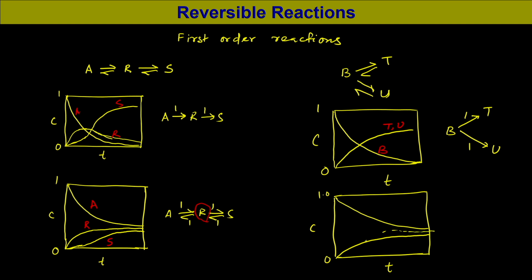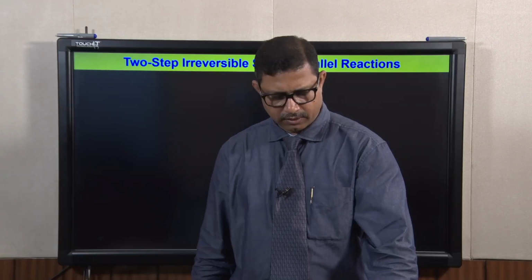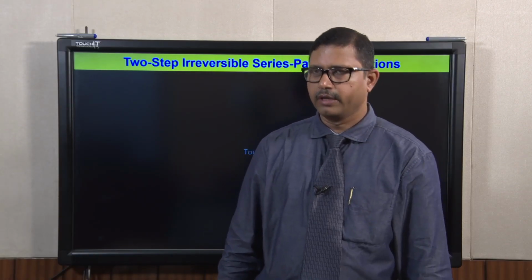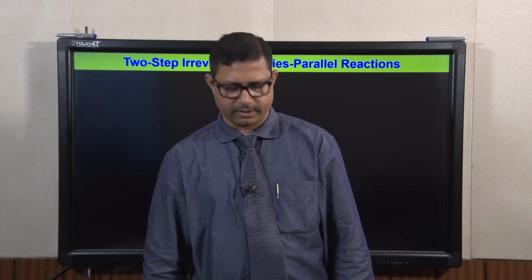So, this is the concentration profile for B and this is for T and U, and in both cases we have seen the intermediate does not reach a maximum. Now, let us consider two step irreversible series parallel reactions.